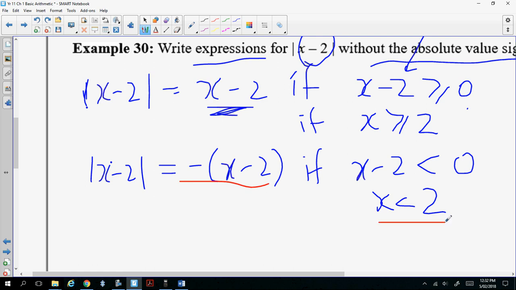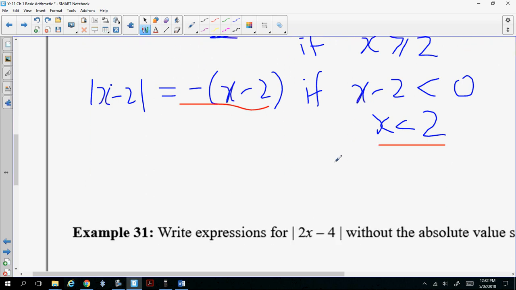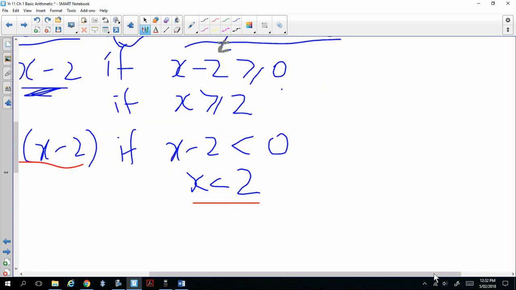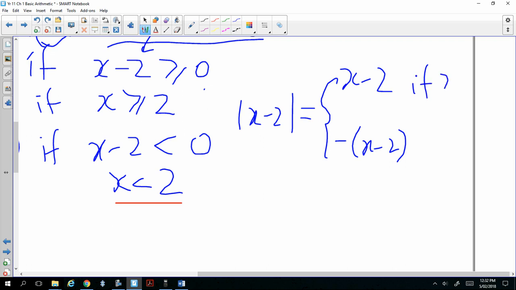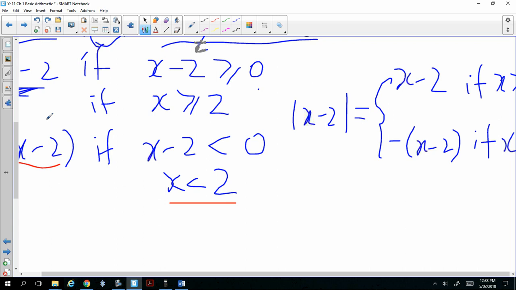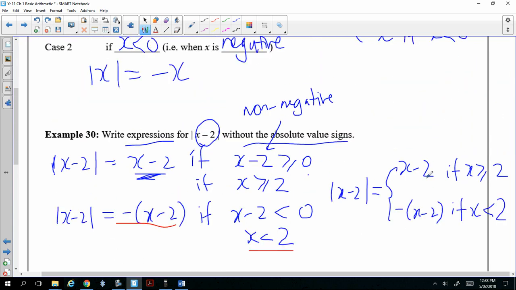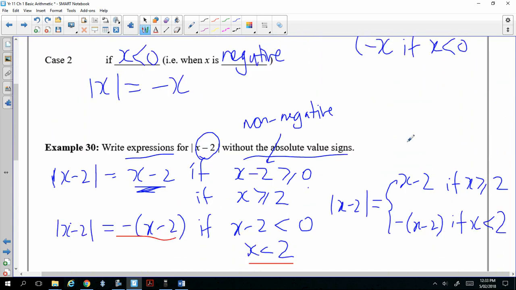We get absolute value of this equal to two options: x minus 2 or the negative of x minus 2, depending on the value of x. So if x is bigger than 2, not positive now, bigger than 2, or if x is less than 2 for the other option. So study this very carefully. It looks exactly the same as above, except there are slight changes because the expression changed. Right? x minus 2 if x is bigger than 2, etc.